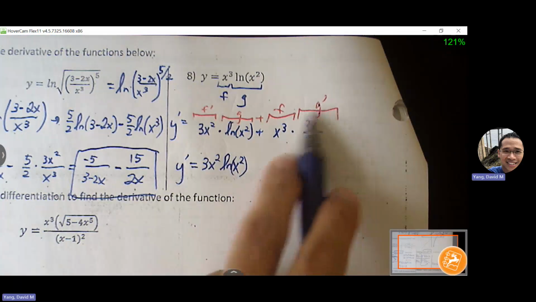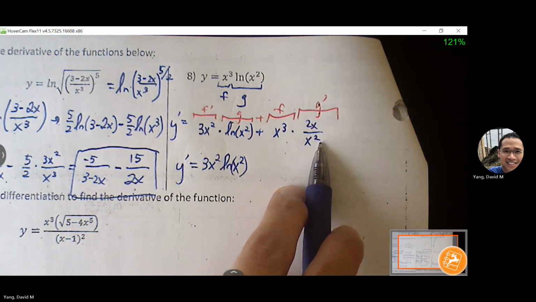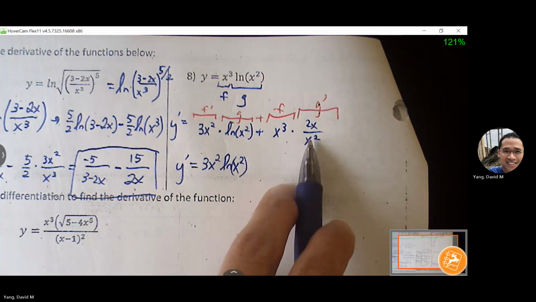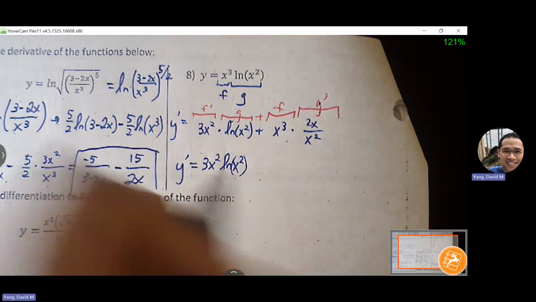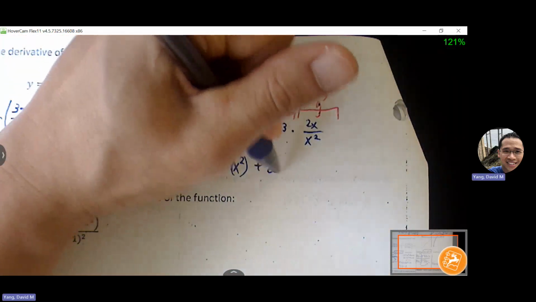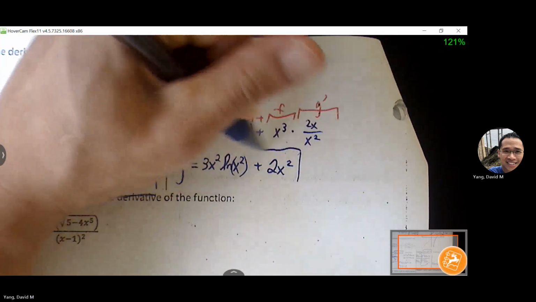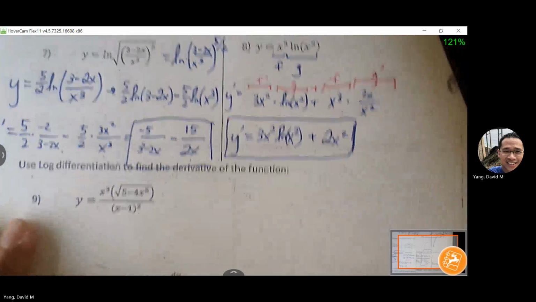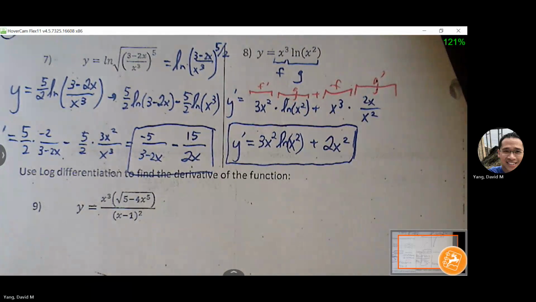But it does drop out of my derivative, yeah. One of the x's cancels out. So I get 2x squared. This is 2x to the 4th over x squared, so 2x squared. That's your final answer.